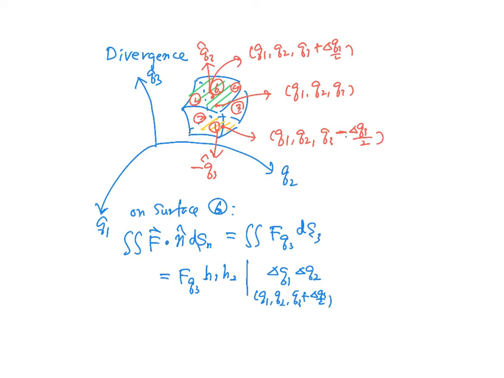And on surface 1, it's pointing in the minus Q3 direction here, right? With this coordinate system.